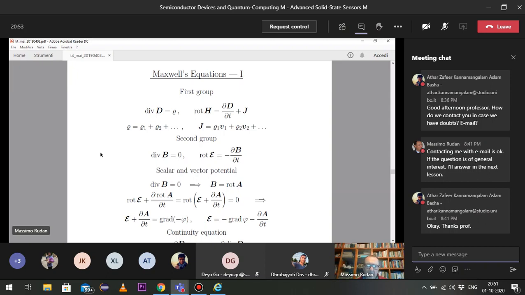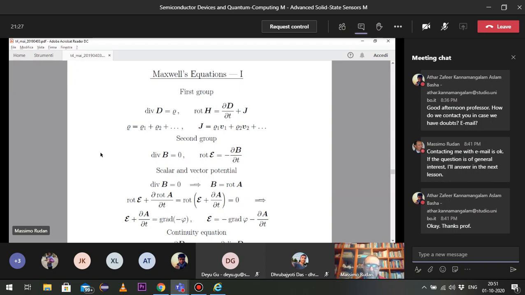If you take the first group and then you consider the second equation of the second group, you can take the divergence of both sides if you look at the first line. So you have the divergence of the rotational of H, and this from calculus is an operator that provides identically 0. Okay, so the divergence of the rotational of any vector is 0.